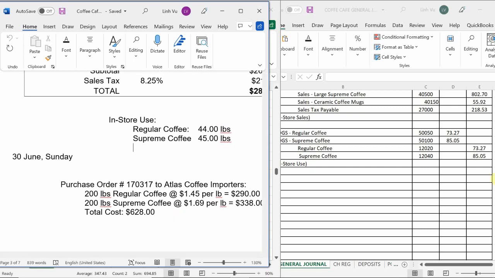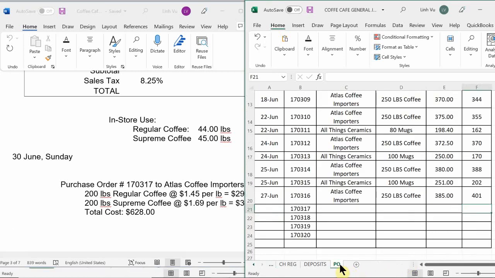Here we have to put a purchase order, 173017 to Atlas Coffee for 200 pounds of regular and 200 pounds of Supreme coffee, for a grand total of 628 even.